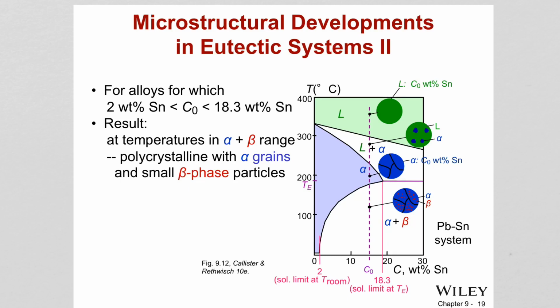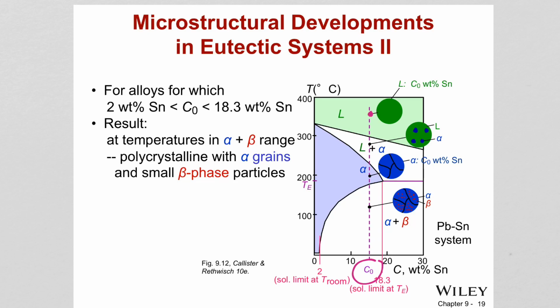Let's say the initial composition of the alloy is between 2% and 18.3%, somewhere here. Let's analyze the microstructural developments. We start at this point and start cooling down.